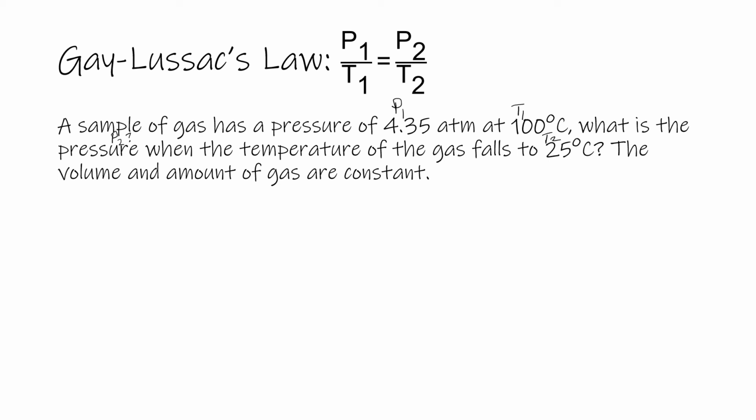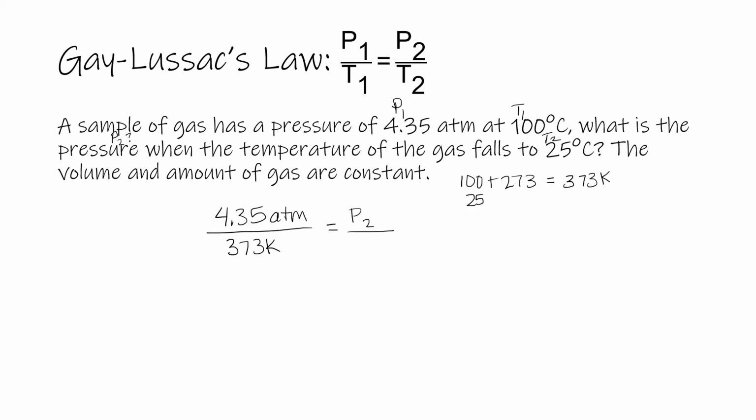All right, so let's plug it in. We have 4.35 atmospheres over T1, which is 100 plus 273, equals 373 Kelvin. And that is equal to pressure 2, which is what we're solving for, over T2, 25 plus 273 equals 298.